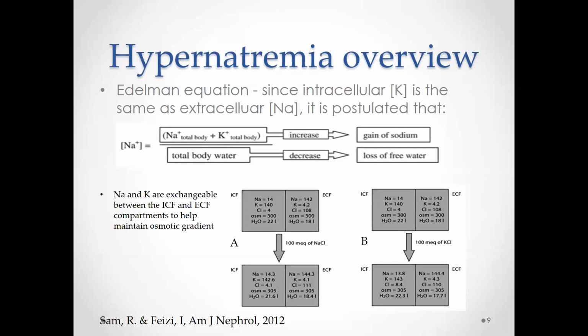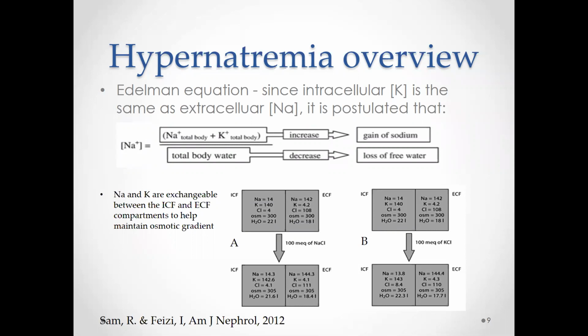And it helps maintain the neutral osmotic gradients. So, for example here, if we give someone sodium, the sodium will preferably stay extracellularly, which will increase the osmolality, and then will absorb some of the water from the intracellular space.